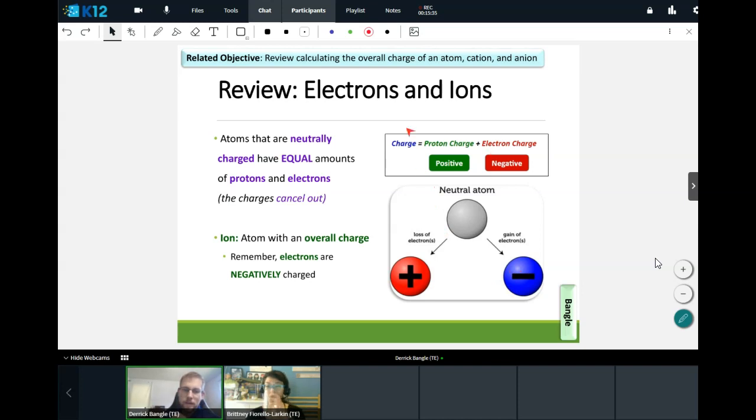We can calculate this using our simple equation up top. Remember from last unit, we take the positive charge of the protons, add that to the negative charge of the electrons, and the sum gives us the overall charge. And any atom with an overall charge that is either positive or negative is called an ion.